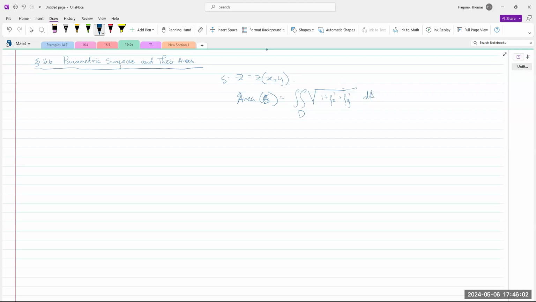Those kinds of formulas before. But notice that we can only apply this if the surface is given by z as a function of x and y. Now, what happens if the surface is actually not a function of x and y?